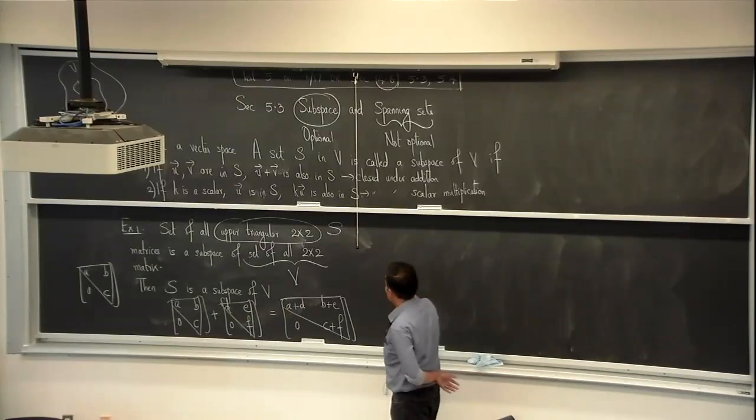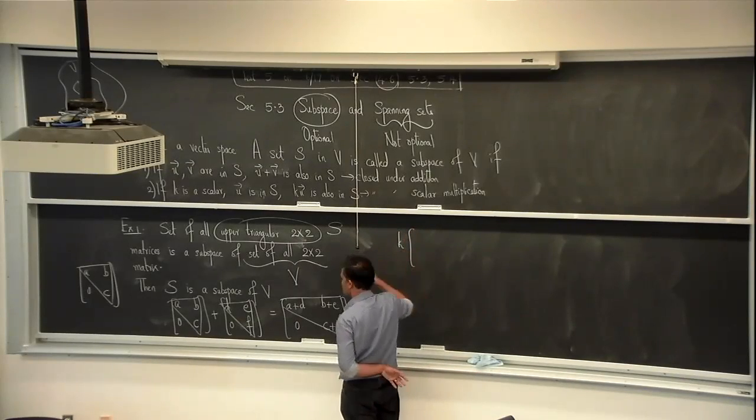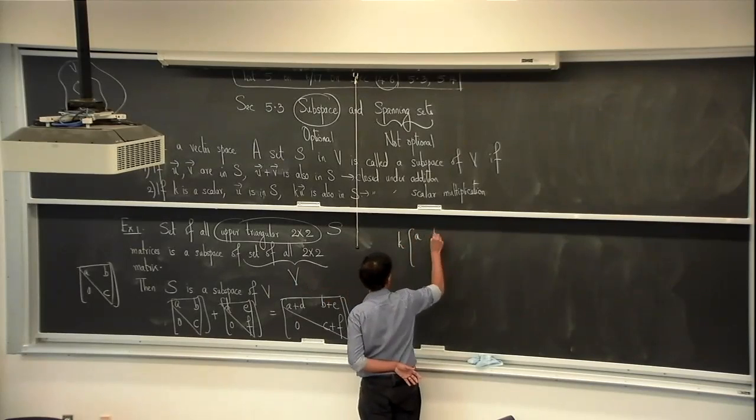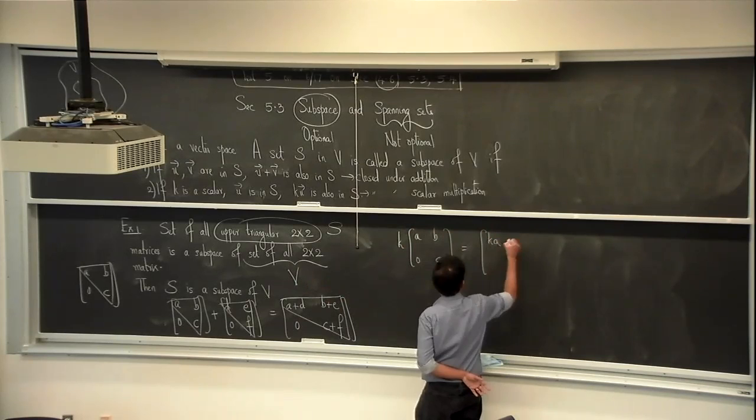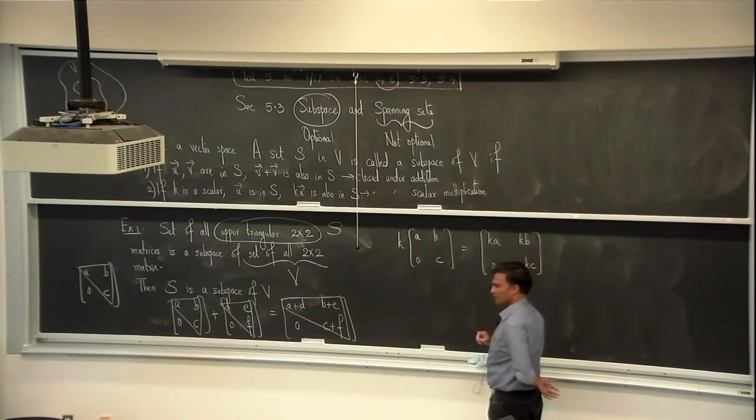And similarly, if you take scalar K times upper triangular matrix A, B, 0, C, that's going to be K times A, K times B, 0, K times C. That is still upper triangular.